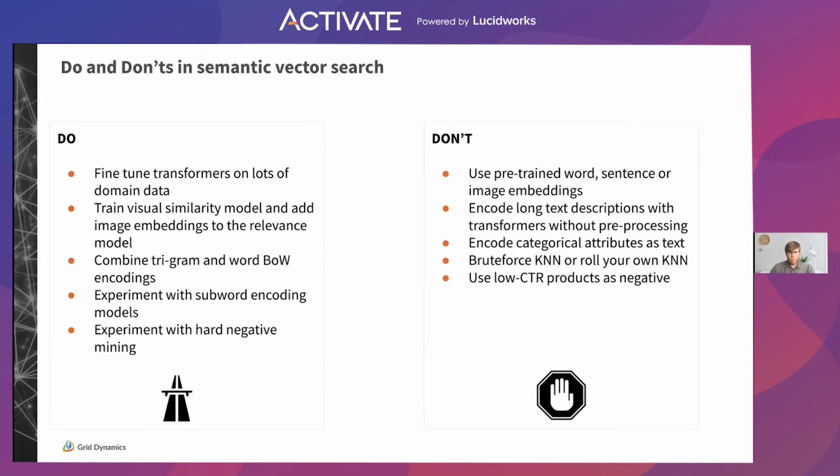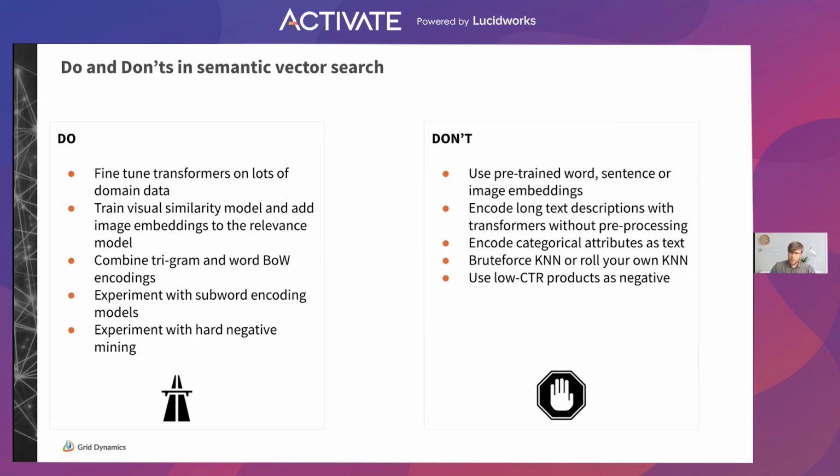It's always good to fine-tune your network before you do actual feature extraction. It also will be useful if you use a visual search neural network for image feature encoding, because it will provide better features. Also, the key importance is to use trigrams, because it will allow your vector search to handle misspelling as well.